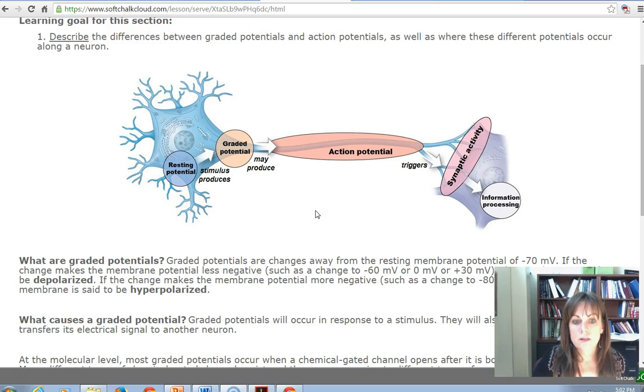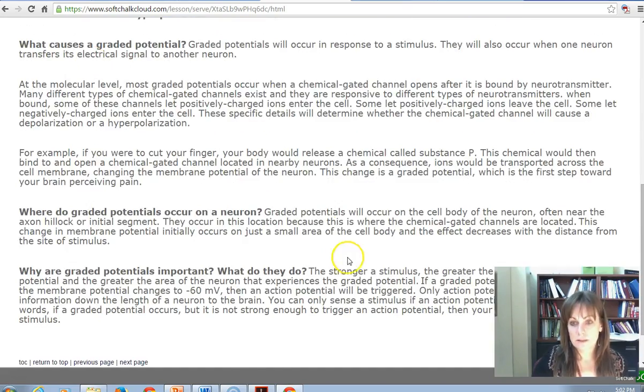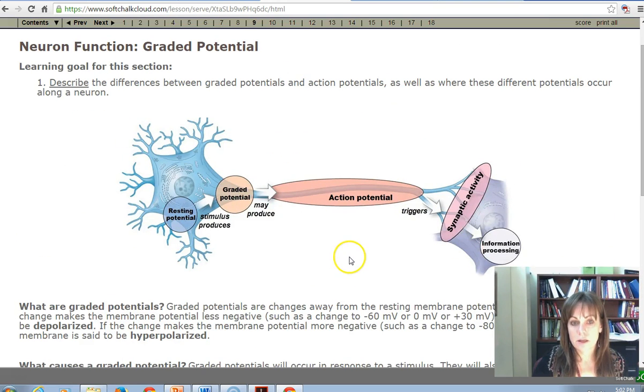What's going on there with the graded potential, and you can read all this text here about what causes it, is that ions start to move, and that's going to change that -70 value into something different. And so what I'd like to do is to now switch to an active learning exercise that I hope will help explain this more.